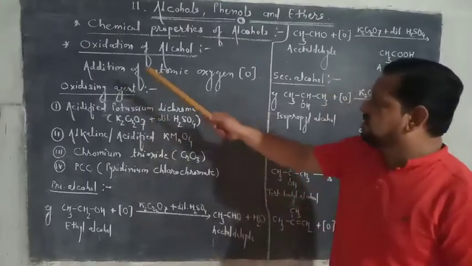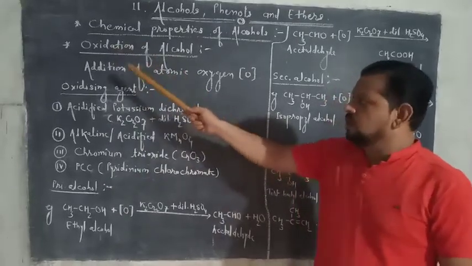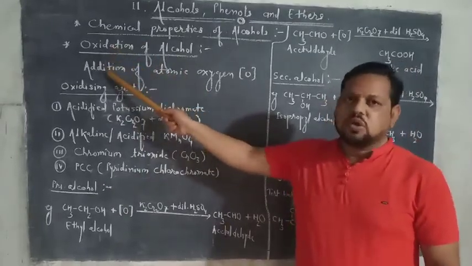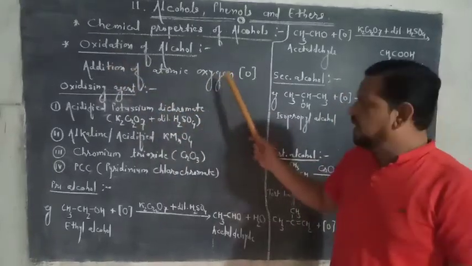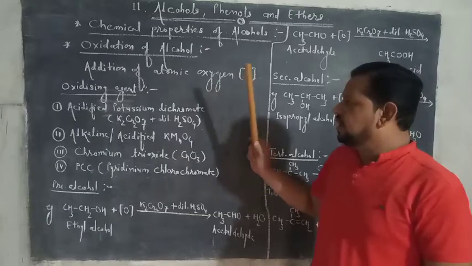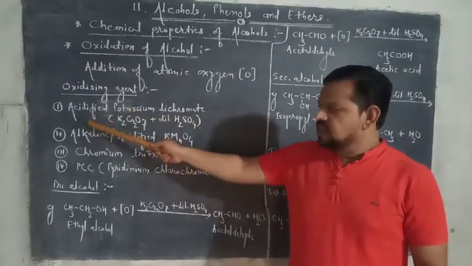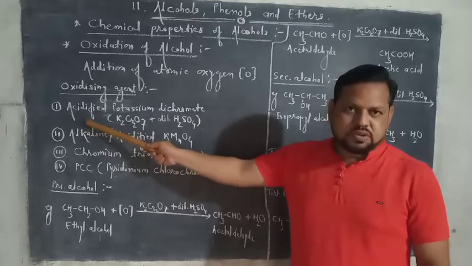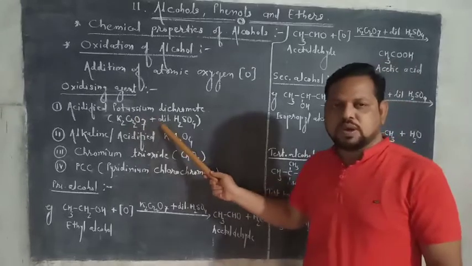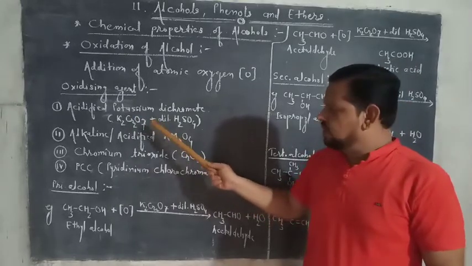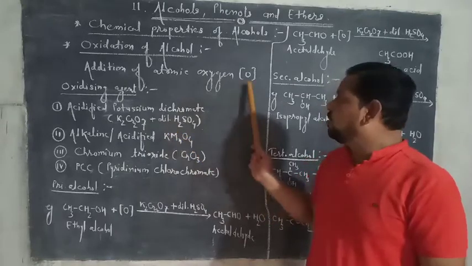Then next chemical property of alcohol, that is the oxidation of alcohol. As you know, oxidation is the addition of atomic oxygen, and this atomic oxygen is obtained from an oxidizing agent. There are a number of oxidizing agents. First, acidified potassium dichromate, that is K2Cr2O7 plus H2SO4, which gives the atomic oxygen.